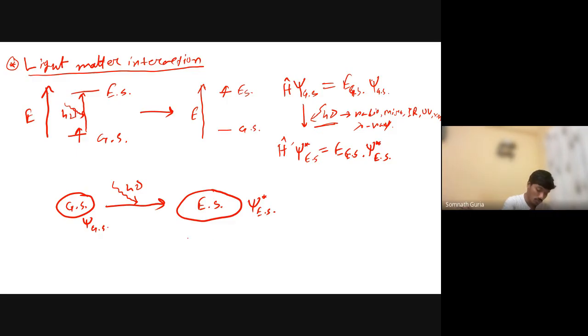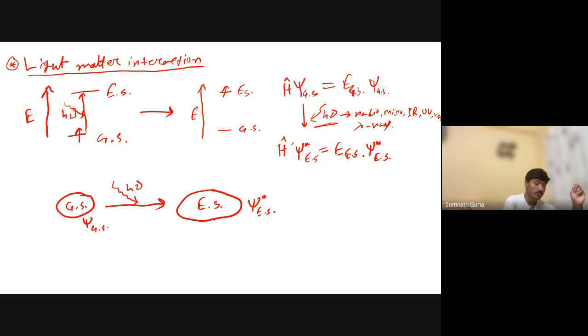Okay, so with the help of the perturbation, that is the h nu, meaning we are providing some electromagnetic wave to perturb my system to generate a new excited state, whose wave function is psi star of the excited state.